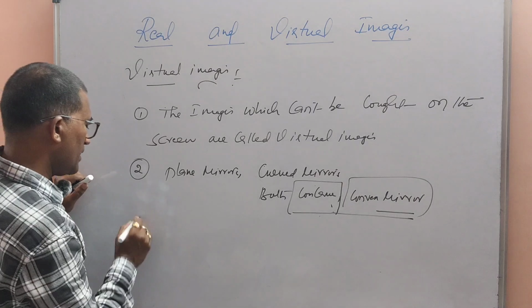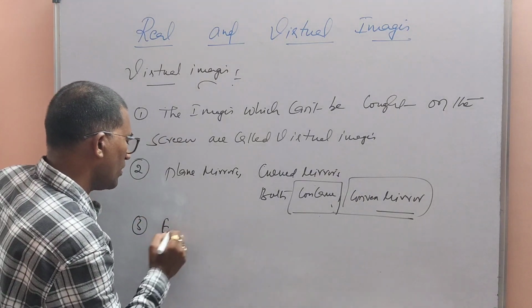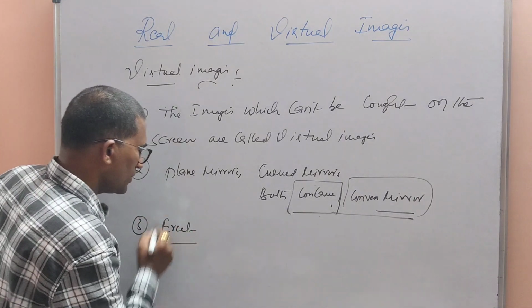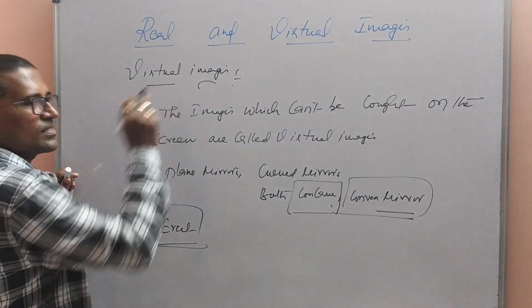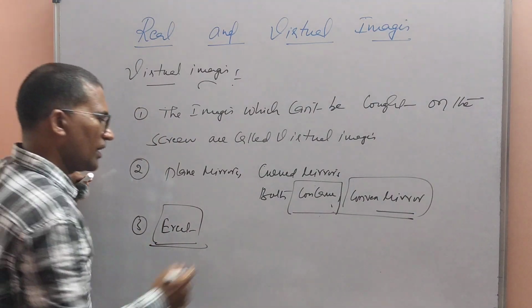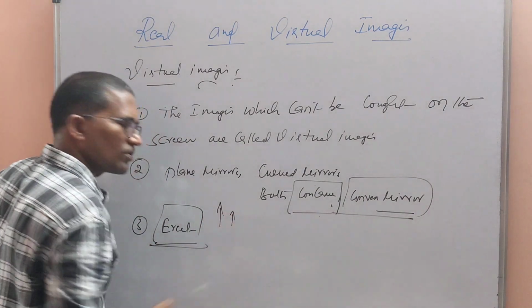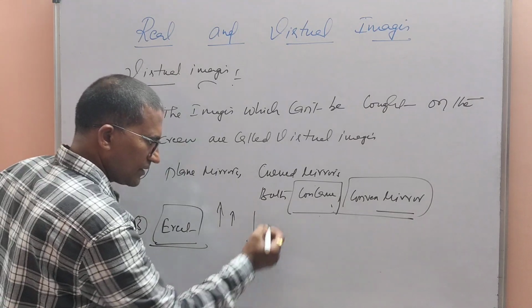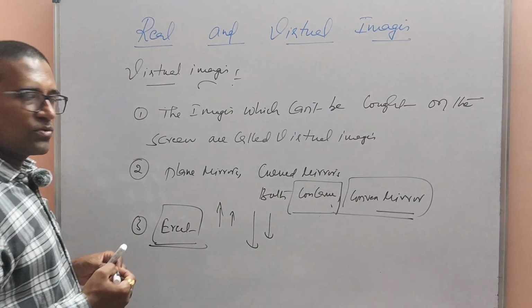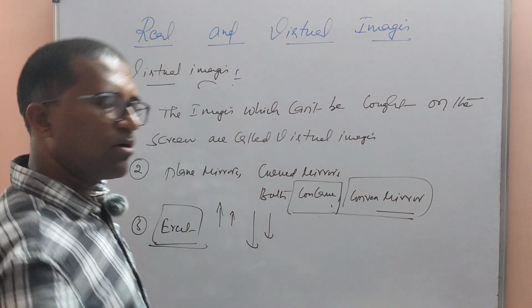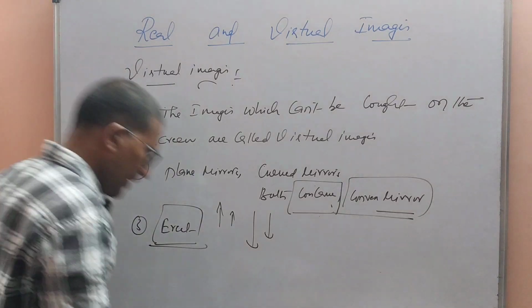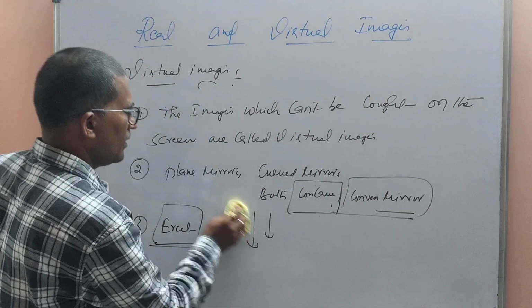Understood? Next one is, virtual images will always be erect. If the object is like this, the image will be like this only. So they are not inverted. Virtual images will always be erect.